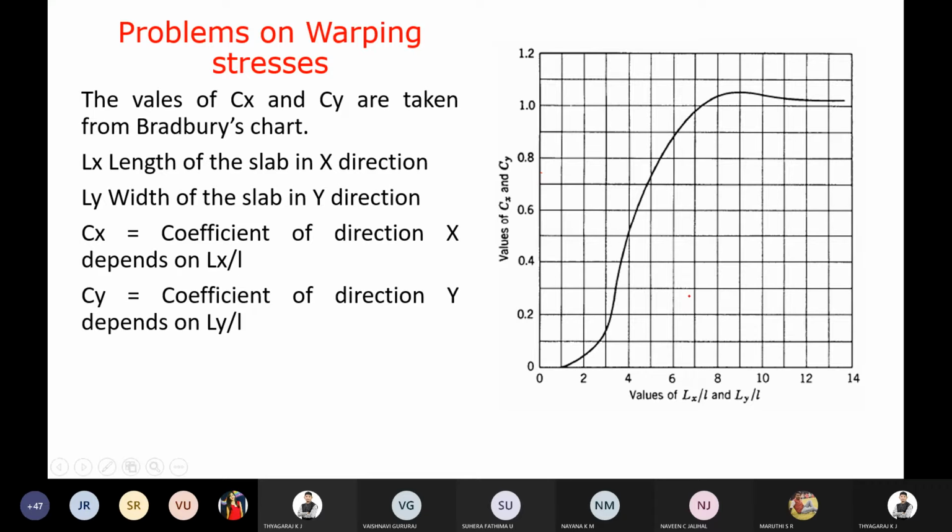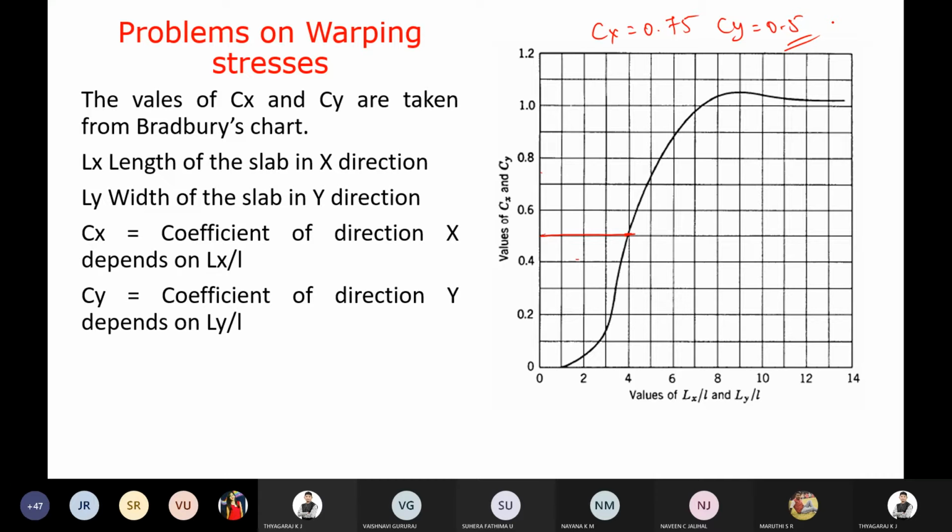Then LY by L value? 0.89, which means it is approximately 4. So we will get around 0.5. So CX is equal to 0.75, CY is equal to 0.5.